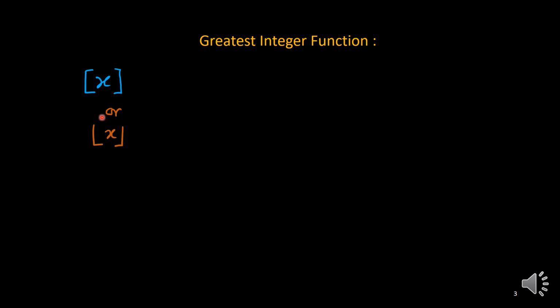Generally this is used for the floor function. We write the greatest integer function as: it equals n if x is within n to n plus 1, where n is an integer. So here n is less than or equal to x, which is less than n plus 1, n is an integer. For that, the greatest integer function will give you this integer, small n.